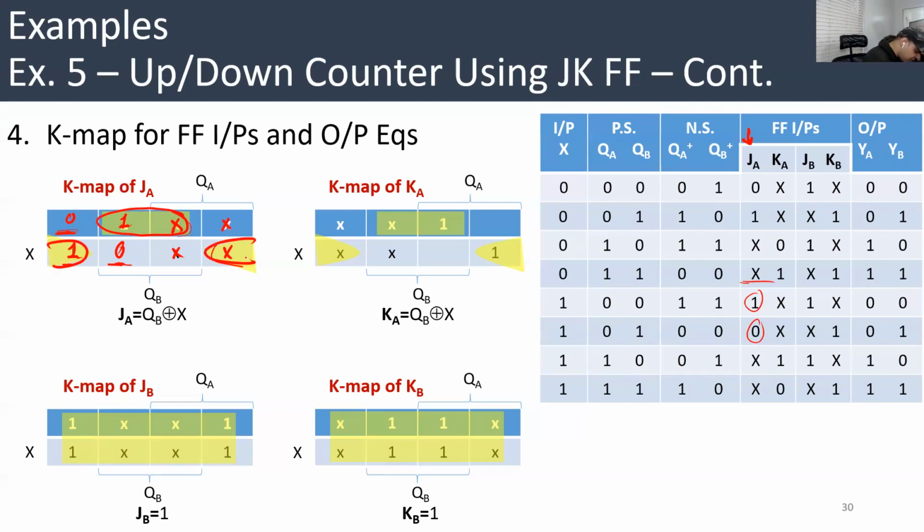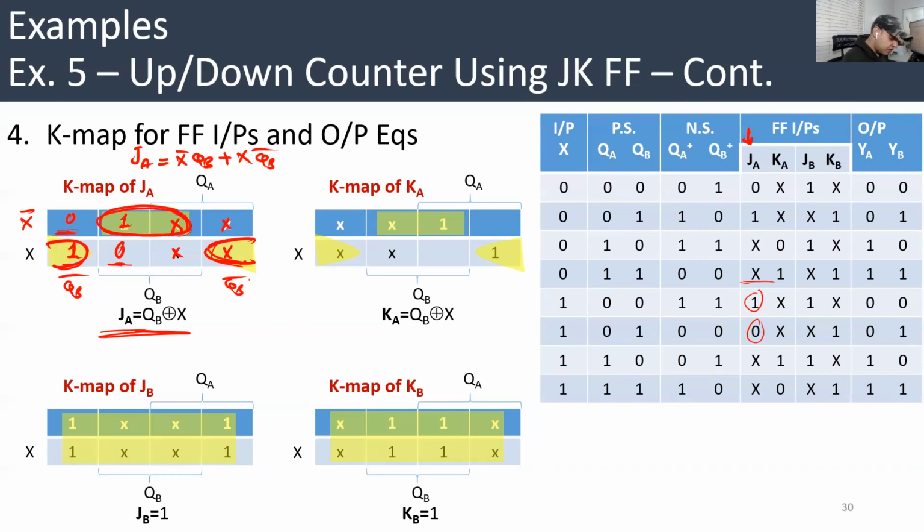That will give us the following: JA equal to, this group at the top is basically X bar QB, plus that group here, which is basically X Q bar, because this is Q bar, this is also Q bar, and you know that this is XOR, right? X Y bar plus Y bar X, this is basically XOR. So JA is QB XOR X, or X XOR QB, whatever you like.